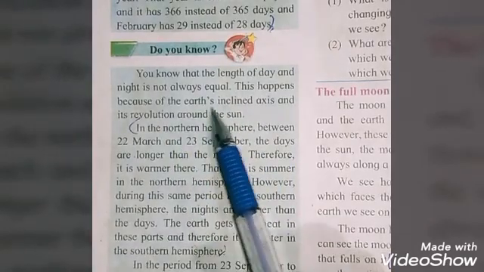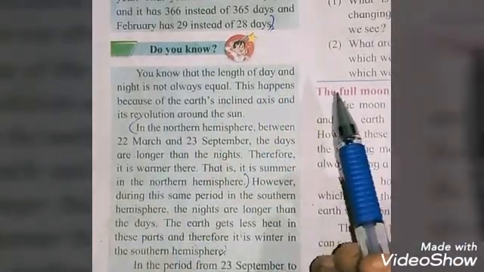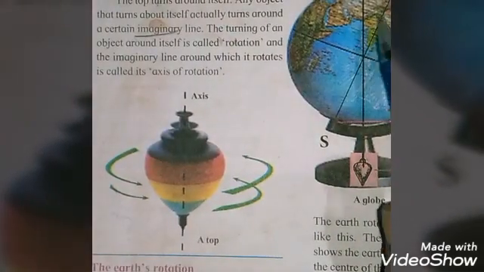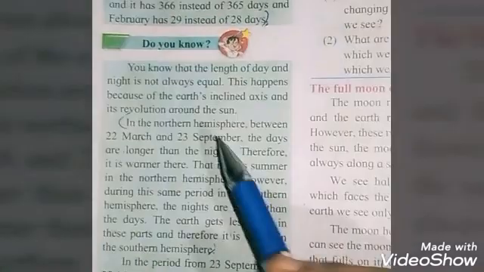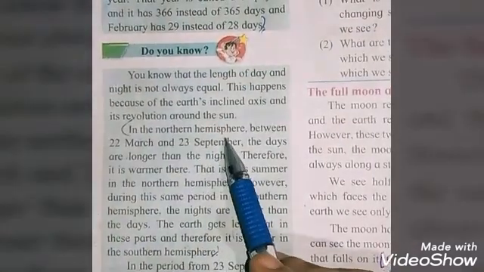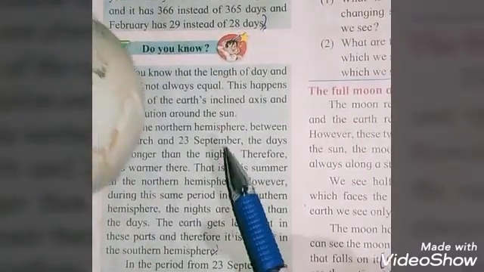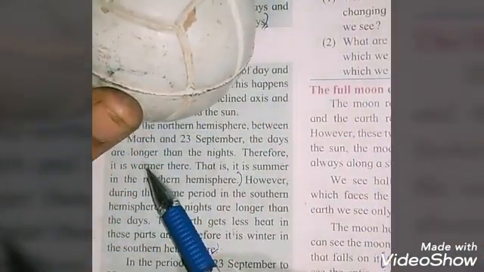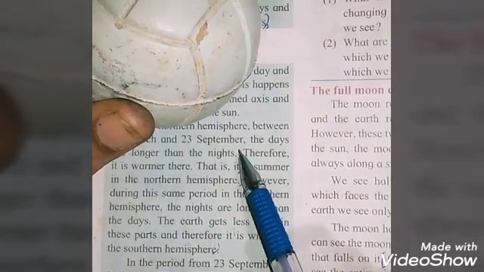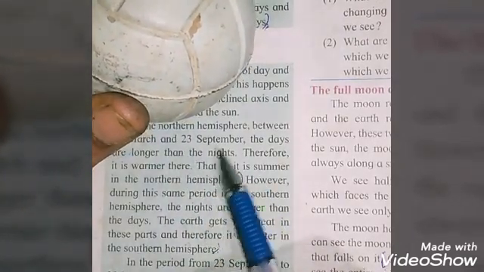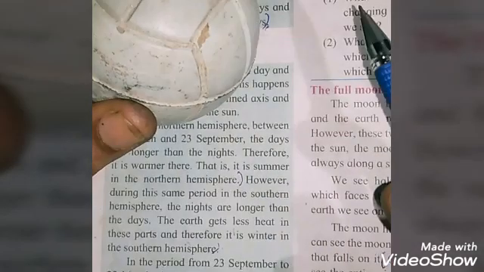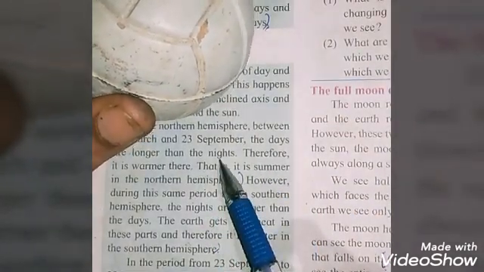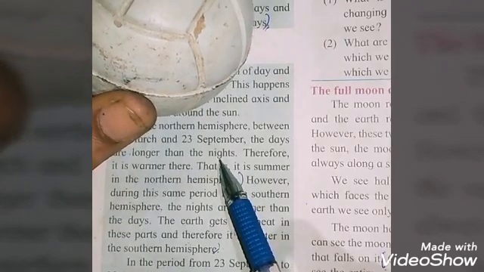This happens because of the Earth's inclined axis. See here in this page, Earth is inclined. In the northern hemisphere, between 22 March and 23 September, the days are longer than nights.